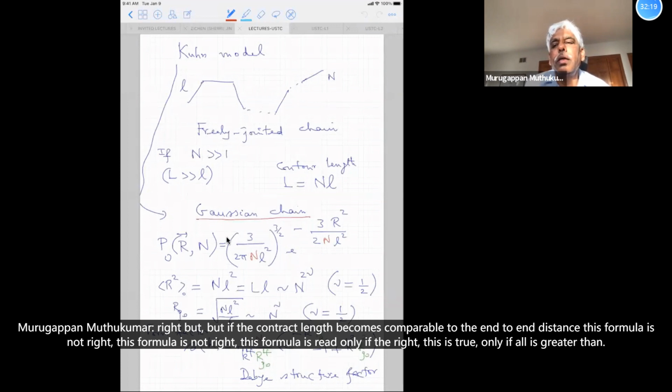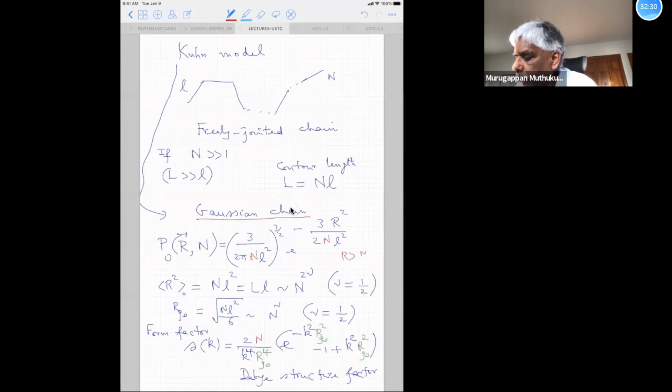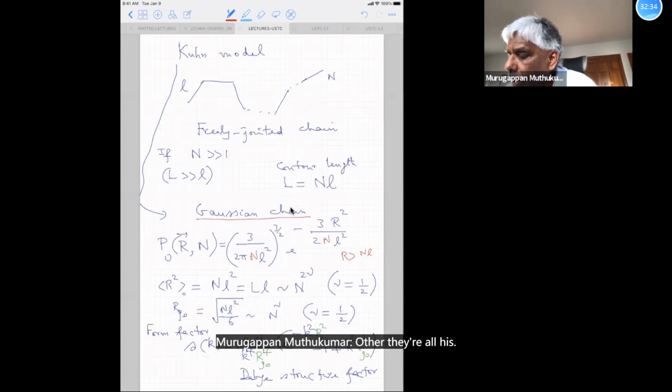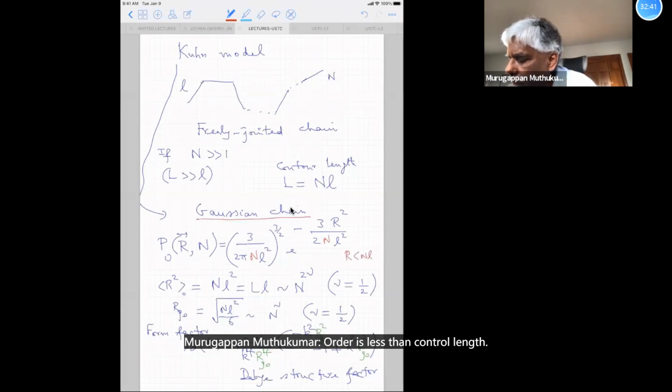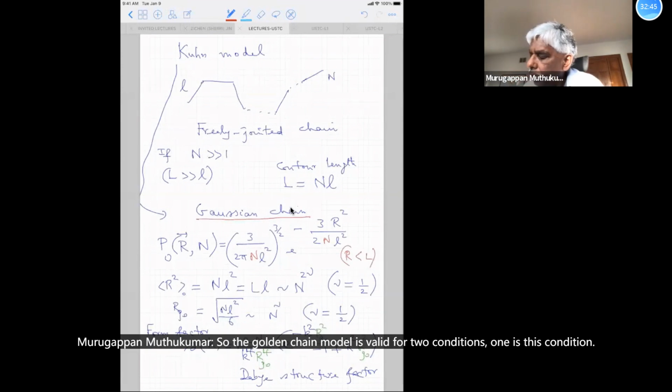This formula is right only if R is less than NL. R is less than the contour length. So the Gaussian chain model is valid for two conditions. One is this condition.